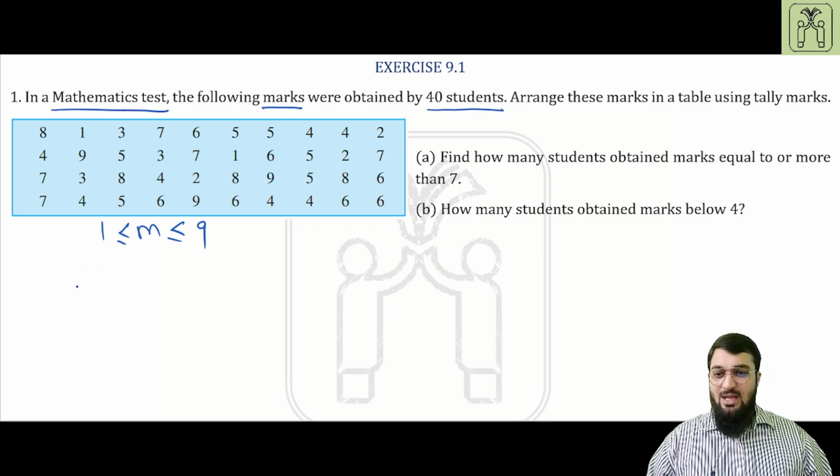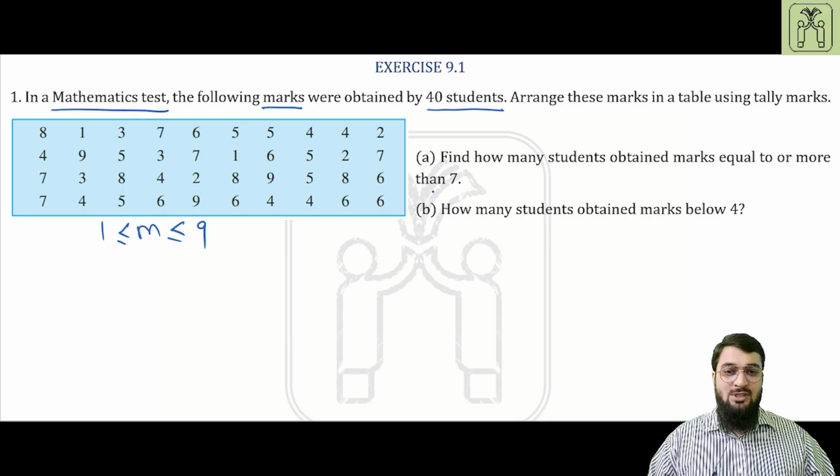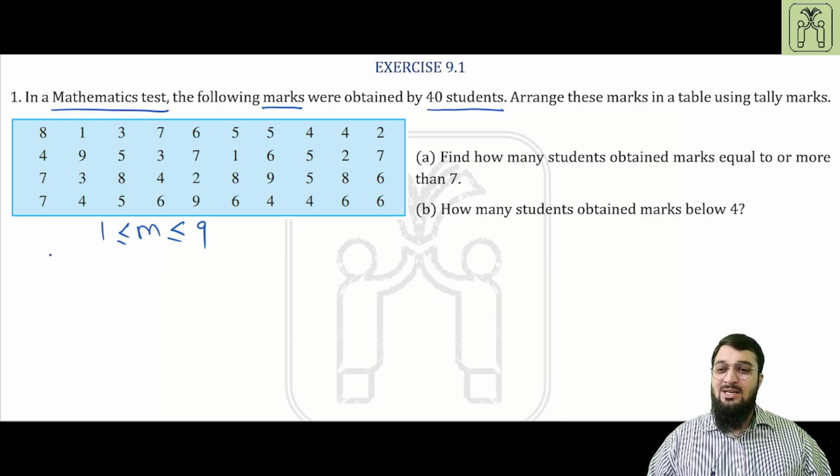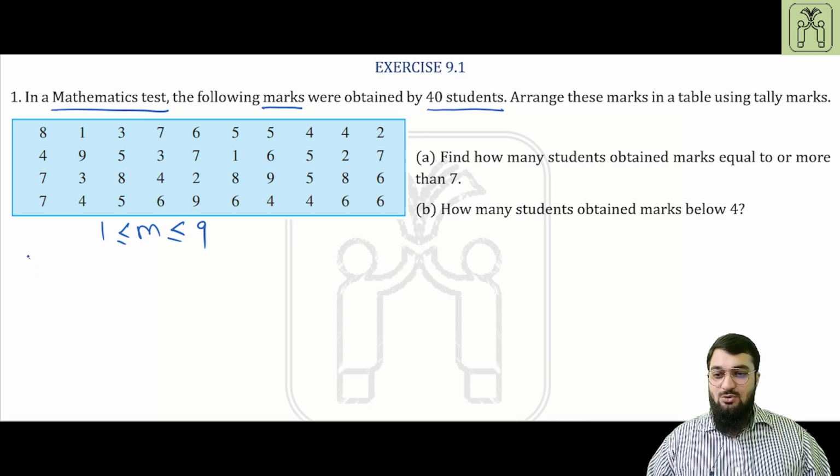After that, we just need to find out these two things. So rather than arranging the data in different sets of 1, 2, 3, 4, 5, 6, and so on, we will arrange the data as per the question demand. That is 7 or more. That will be the first column, and the second column will be 4 or below.